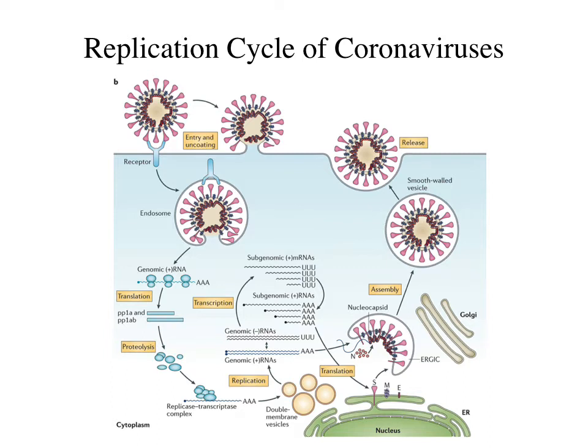Genome RNA is translated and processed to form the viral RNA-dependent RNA polymerase. The polymerase produces a series of subgenomic messenger RNAs by discontinuous transcription and finally is translated into relevant viral proteins. Viral proteins and genome RNA are subsequently assembled into virions in the ER and Golgi and then transported via vesicles and released out of the cell.